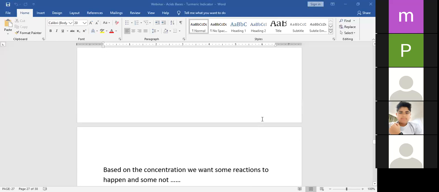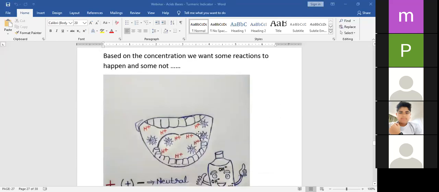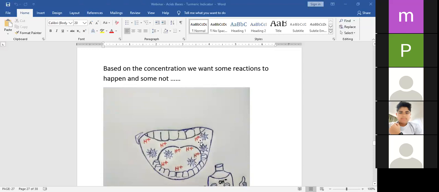Now, based on the concentration, we want some reactions to happen and we want some reactions not to happen. Let's take an example of the mouth. Now, we know that all the food that we consume is acidic in nature. So after eating food, if we don't floss our mouth or brush our teeth, some of the food gets decayed or the food content still remains there and it's acidic in nature. Not necessarily only the food content.